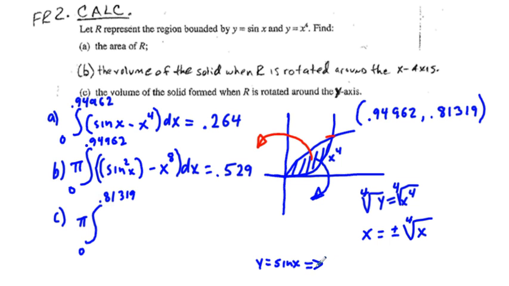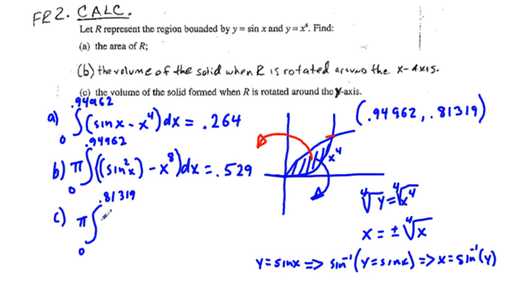To solve for x, we take the inverse sine of both sides. So x is equal to the inverse sine of y. That's the one we're going to subtract.